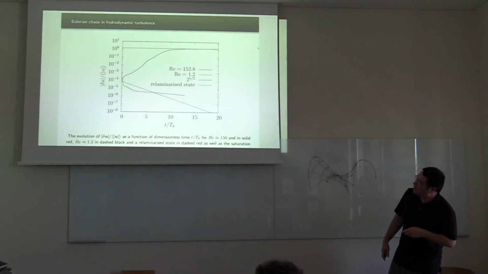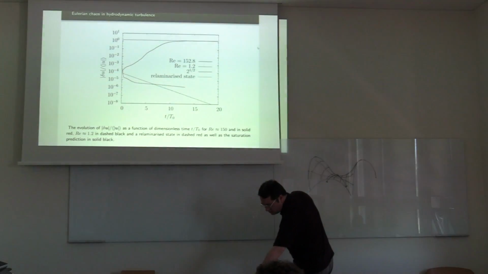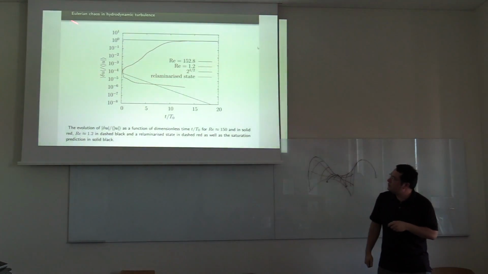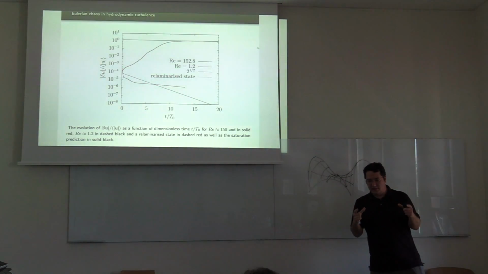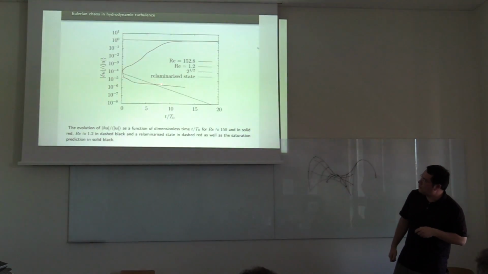So what's happening qualitatively? We find these 3 different states. First, we have our low Reynolds number state, where the Reynolds number is roughly 1.2. The error just drops a bit, and these 2 simulations stay within a certain tolerance of each other. We also have these relaminar states.